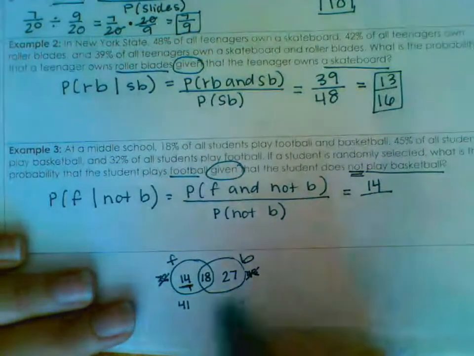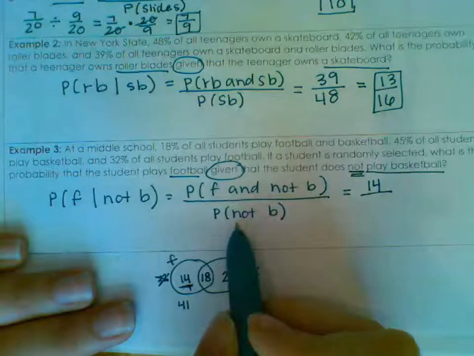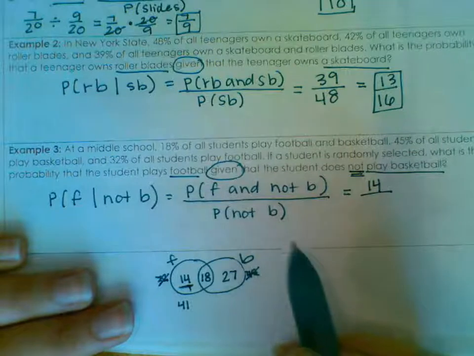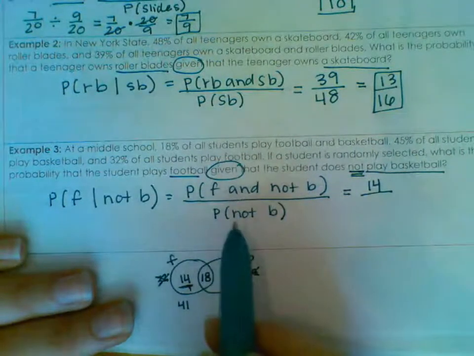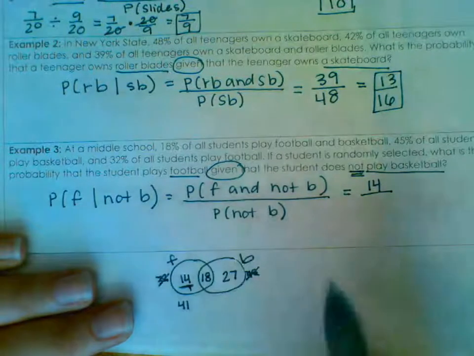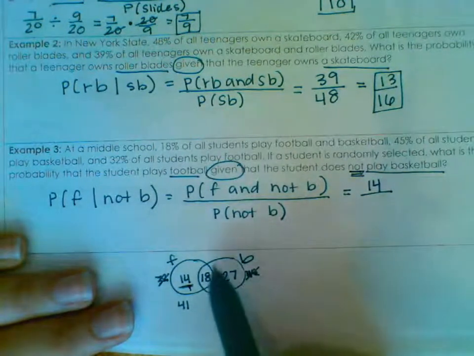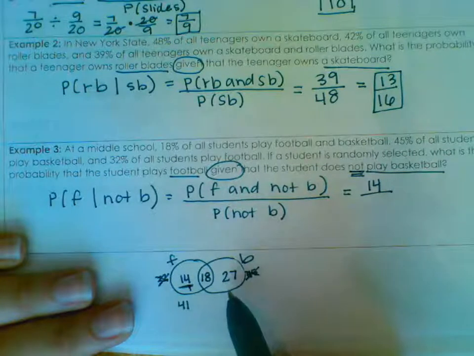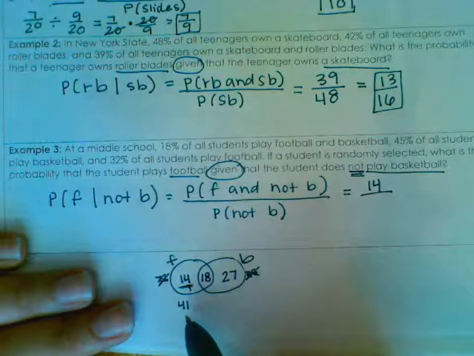Okay, so on the bottom, we want the probability of not basketball. Now, I know some people are going to be really quick to also write down that 14, but that's not everybody who does not play basketball. If people do play basketball, they will belong to this circle. So everybody who does not play basketball has to be outside of that circle. It's not just this 14, it's also this 41.